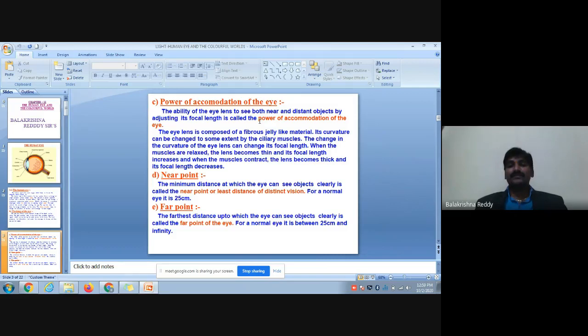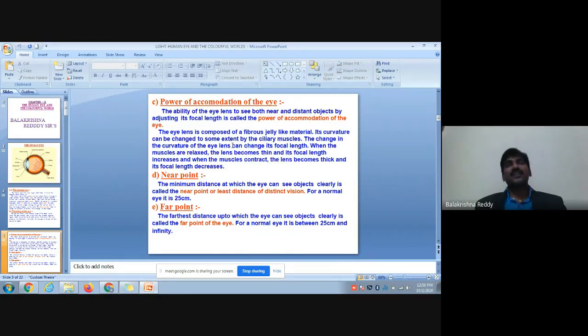That focal length is called the power of accommodation of the eye. Usually, the power of a lens is described as the reciprocal of the focal length. Here we call it the power of accommodation of the eye.